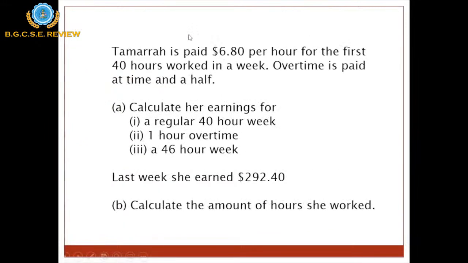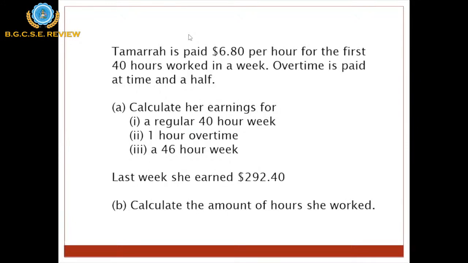Here's our third question. Tamara is paid $6.80 per hour for the first 40 hours worked in a week. Overtime is paid at time and a half. Calculate her earnings for a regular 40-hour week, 1 hour overtime, and a 46-hour week. Last week, she earned $292.40.